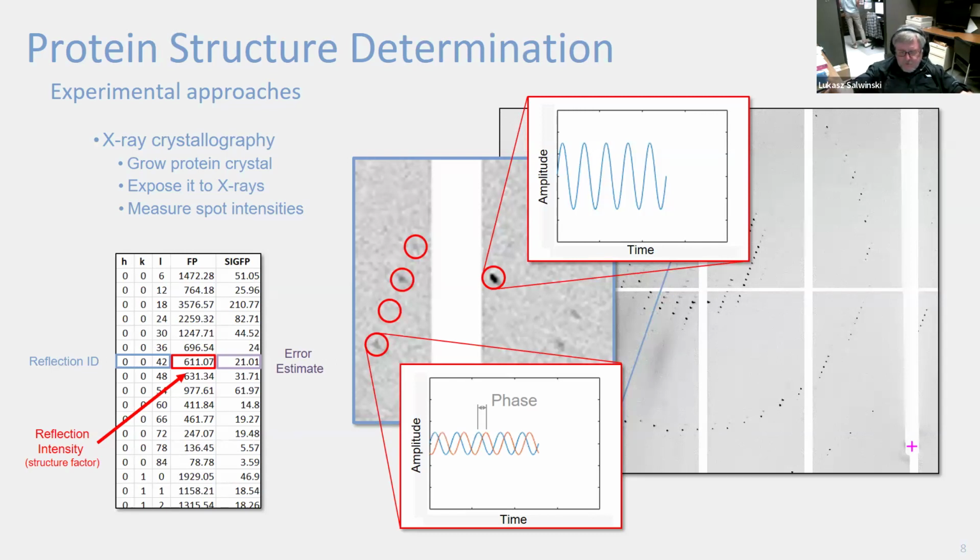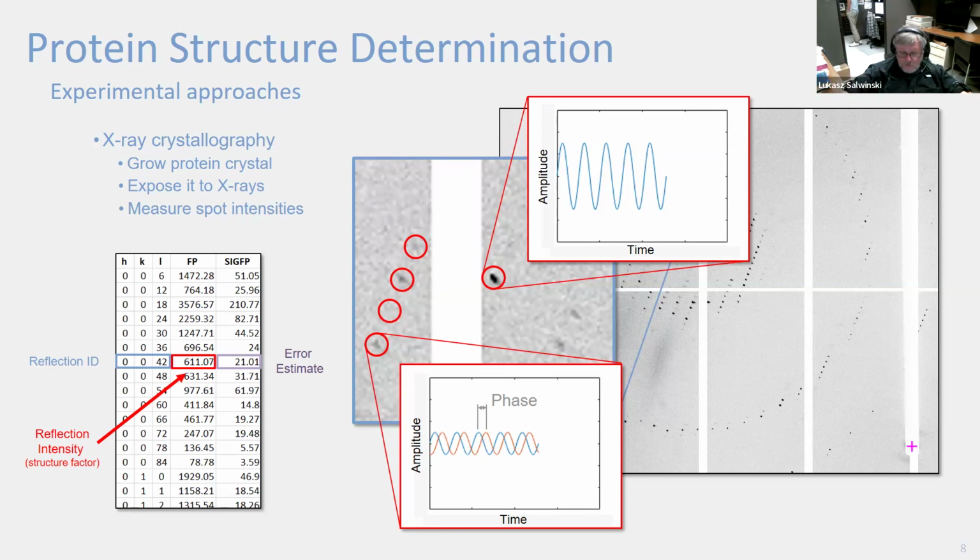What it means is that we're getting only half of the information. So most of the effort in the early days of X-ray crystallography was spent on figuring out ways of actually figuring out what the phase of those individual spots is, because this is required to get our structure.